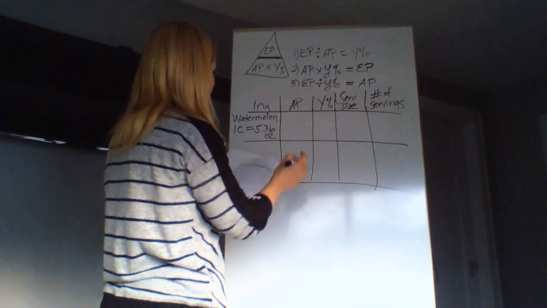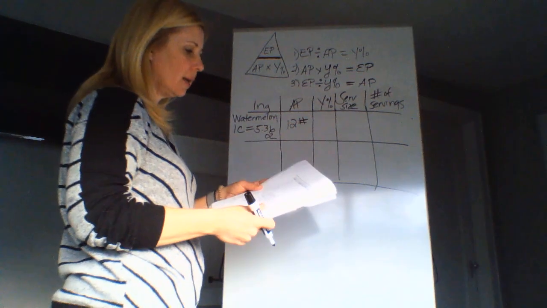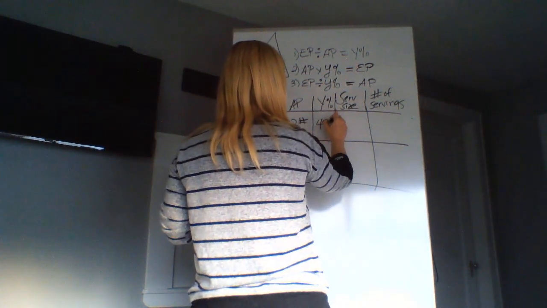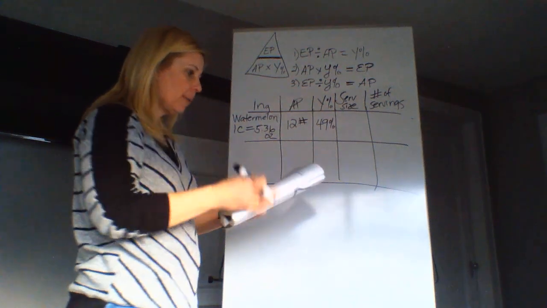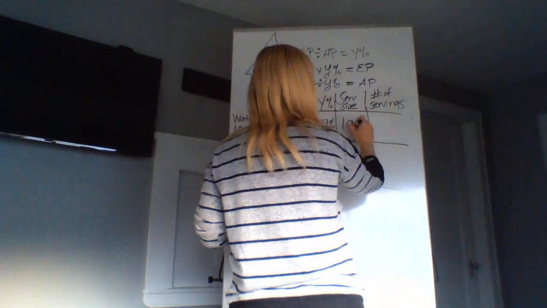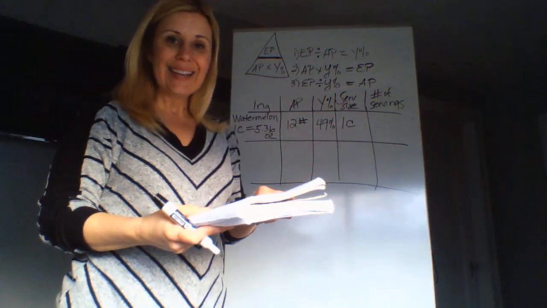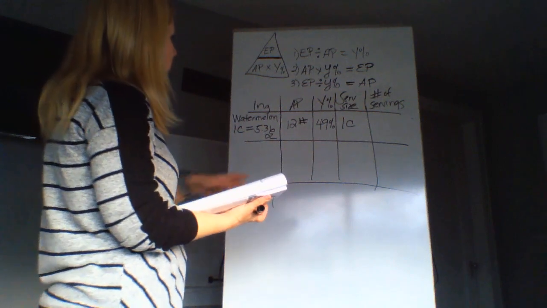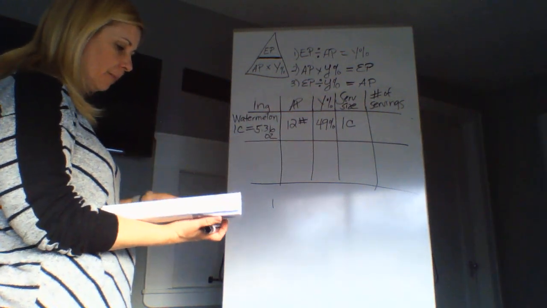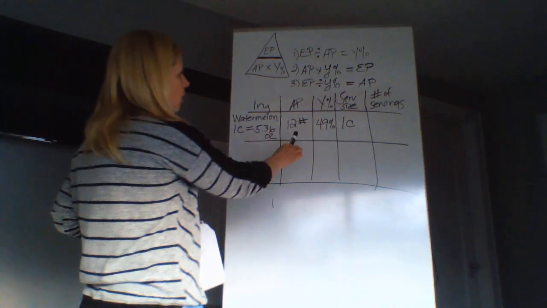Okay, the AP quantity is 12 pounds, so that's how much we got in. The yield percent is 49%. The serving size is 1 cup, and they are asking us how many servings can we get out of this 12 pounds of watermelon.